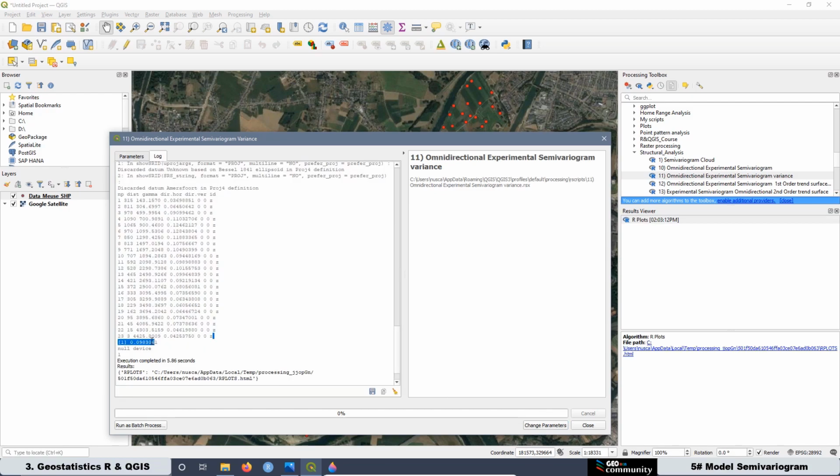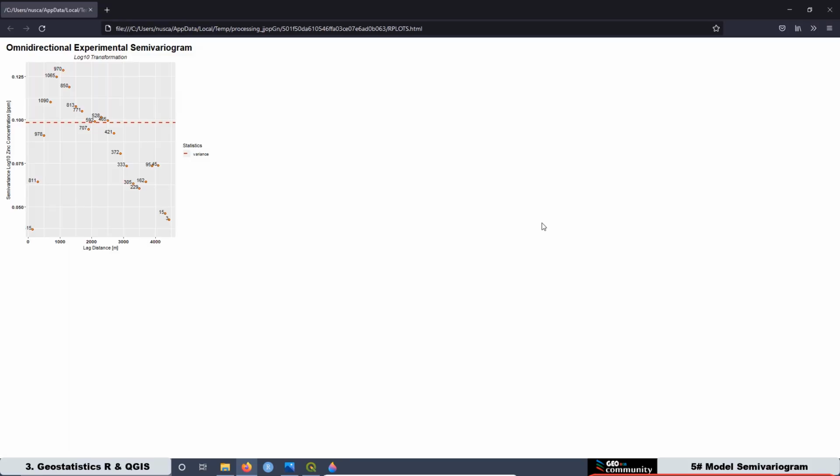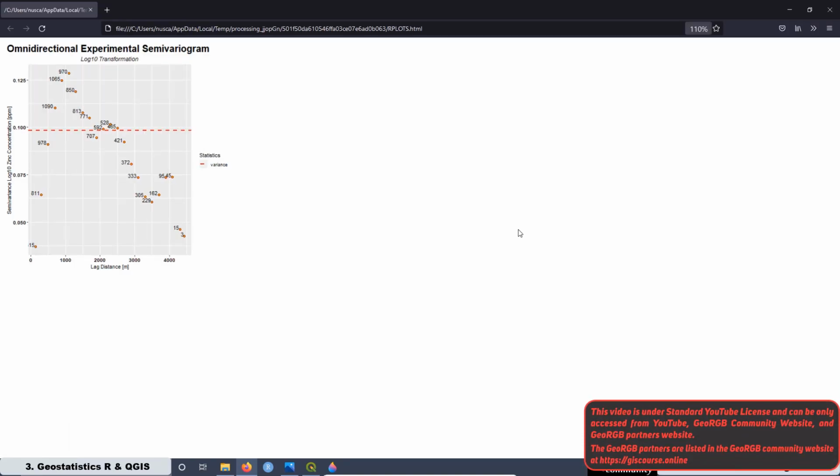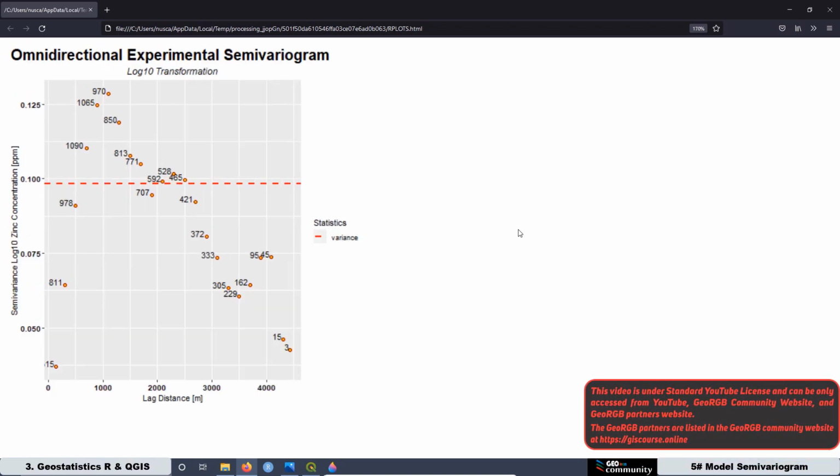It is interesting to know what is the value of the variance in order to have an approximate idea where the sill of the semivariogram model is going to be located. The sill doesn't have to present the same value as the variance.